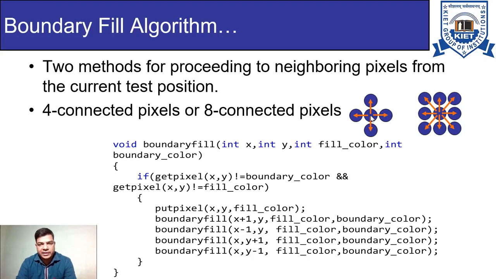So here you can see that this point has the coordinate x plus 1 comma y. This point has the coordinate x minus 1 comma y. This point has the coordinate x comma y plus 1, and this has x comma y minus 1. So in this way we can apply a boundary fill algorithm.